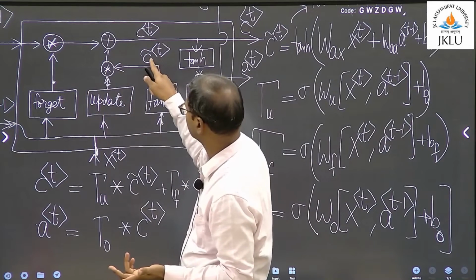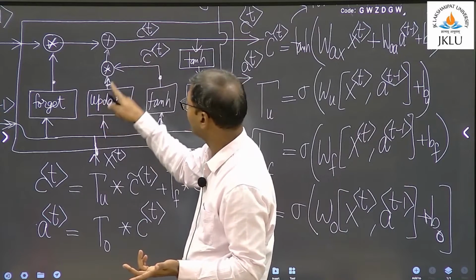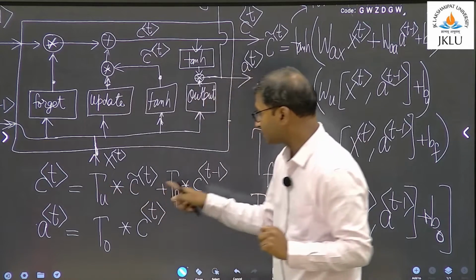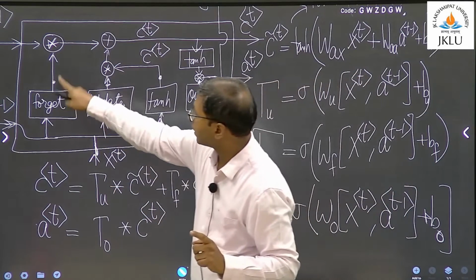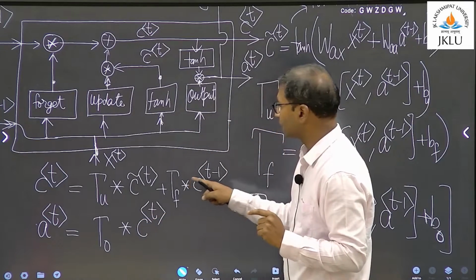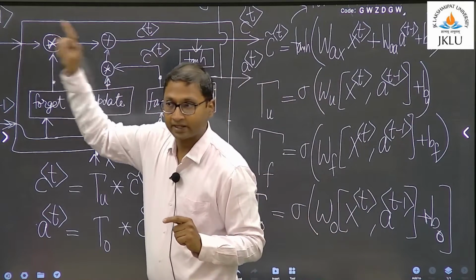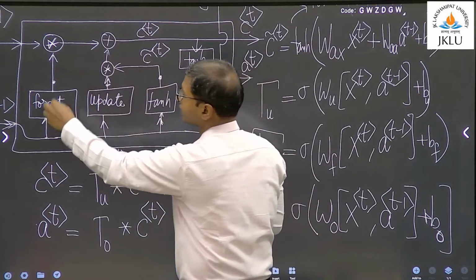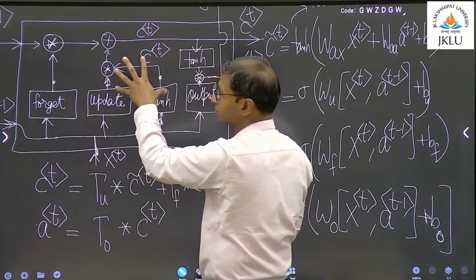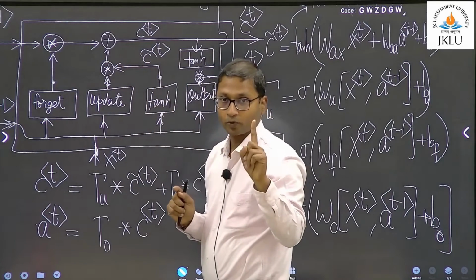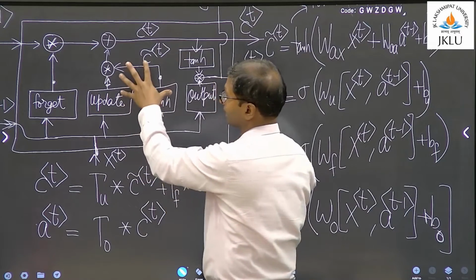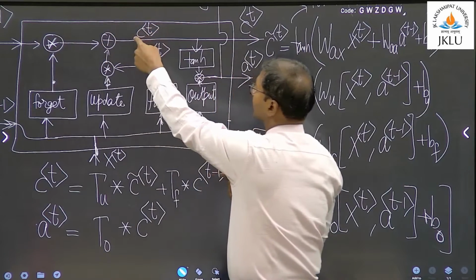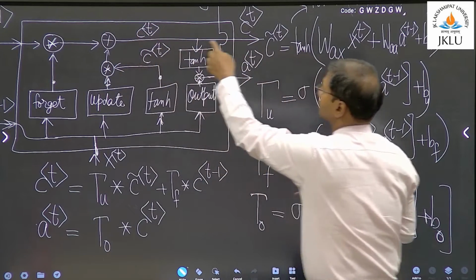You take element wise multiplication plus tau f, this is tau f, you take element wise multiplication with ct minus 1. It is not a dot product, it is element wise multiplication here, element wise multiplication here. Add both these vectors and get a new ct. Now this ct just goes away.